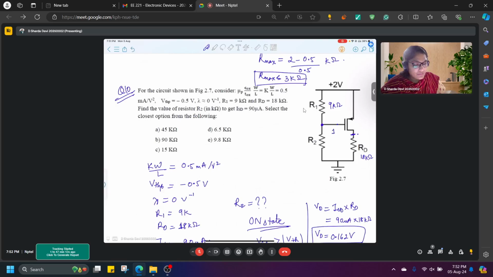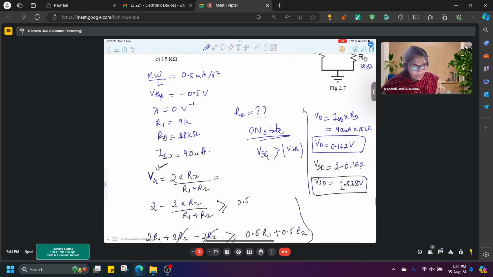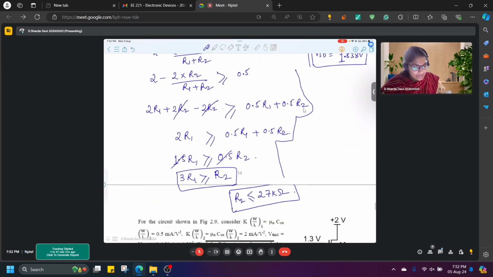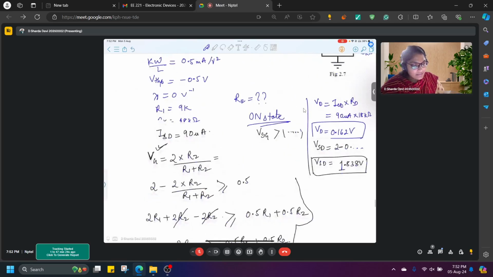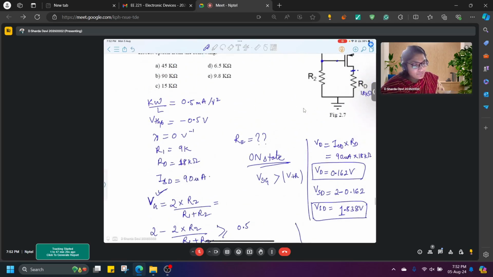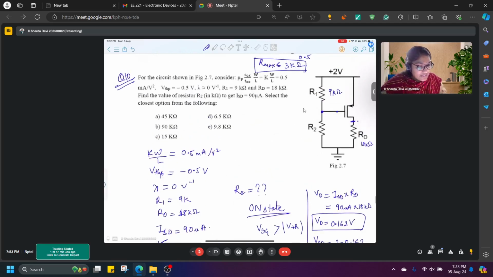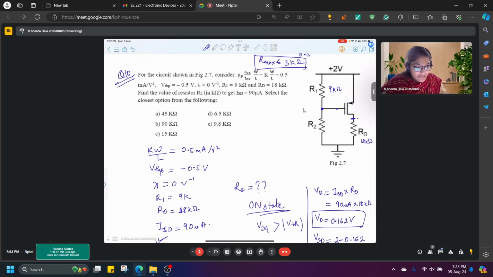More than 1 volt. So with this condition, it will be much higher than 1 volt over here. And we will check for the saturation condition.